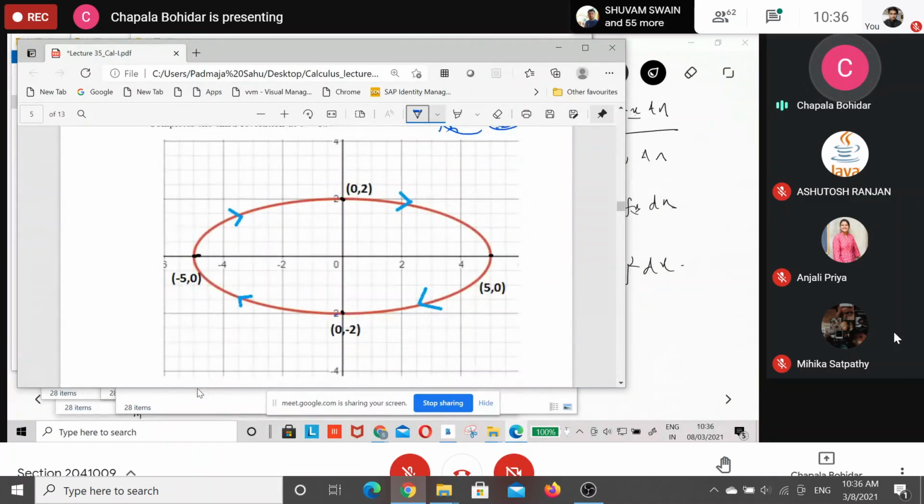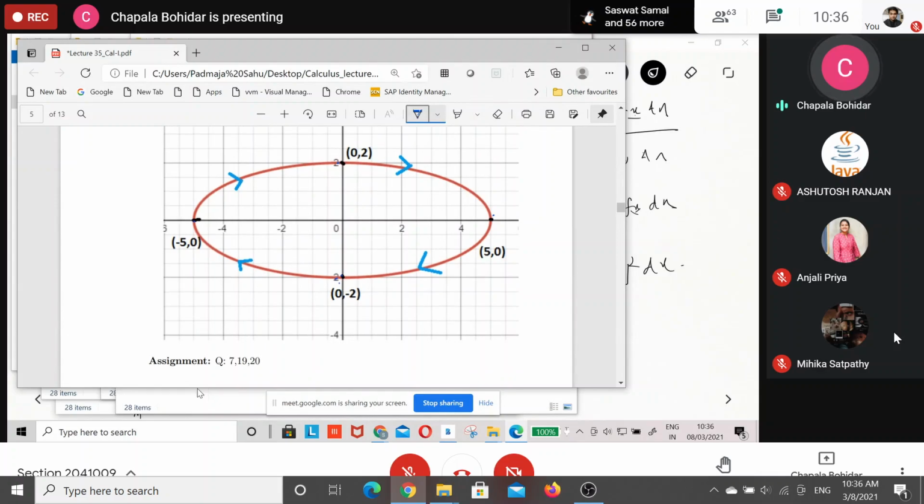By substituting the values we get this point, then this point, then this point, then this point, and again this point. Then the other revolution is pi to 3 pi, and again we get this, and the third again we get this. You can check. So here the curve moves in the clockwise direction.